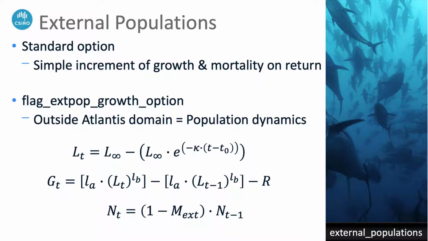That's so that you can replicate some of the nuances of population dynamics rather than a simple sort of hammer approach of the standard option. It's got incremental growth and incremental mortality. So potentially into the future, you can also have climate effects and other connections out there. Or you could even couple it dynamically to another model, whether that was another Atlantis model or another population model. So that coupling option isn't there yet, but it could be easily slotted in via this external population representation.